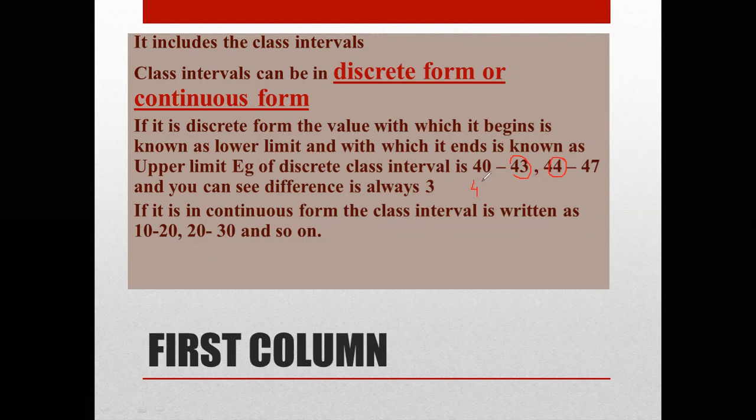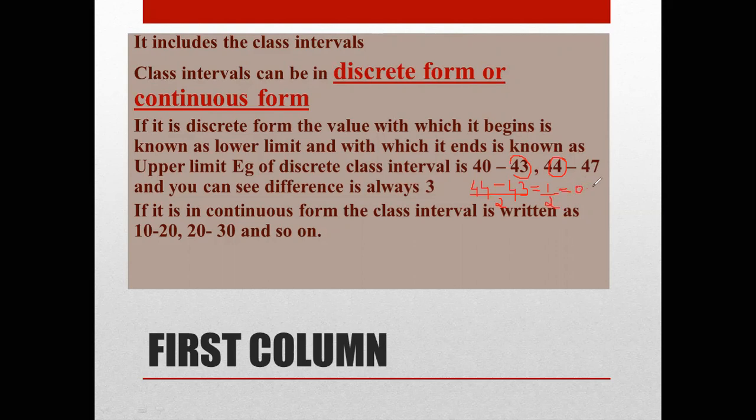So 44 minus 43, divided by 2. That is 1 upon 2, that is 0.5. So the answer is 0.5. This is the adjustment factor.